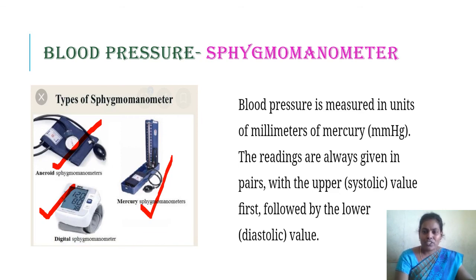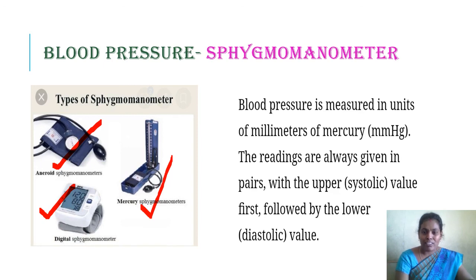Blood pressure is measured in units of millimeters of mercury, that is mmHg. In the previous slide I told you the average blood pressure of a human being is 120 by 80, and there we wrote the units mmHg. Those are the units of blood pressure, which represent millimeters of mercury.